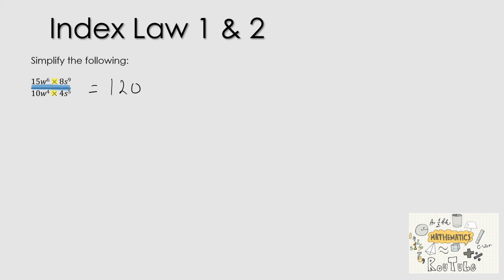You can clearly identify that the bases are different: one's a w and one's an s. So you can't join those together, and we need to write them separately. Normally you write them in alphabetical order, so it's going to be 120 s to the power of 9, w to the power of 6, because s comes before w in the alphabet.